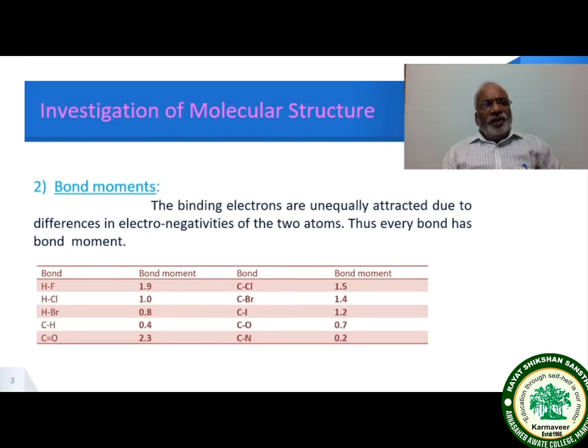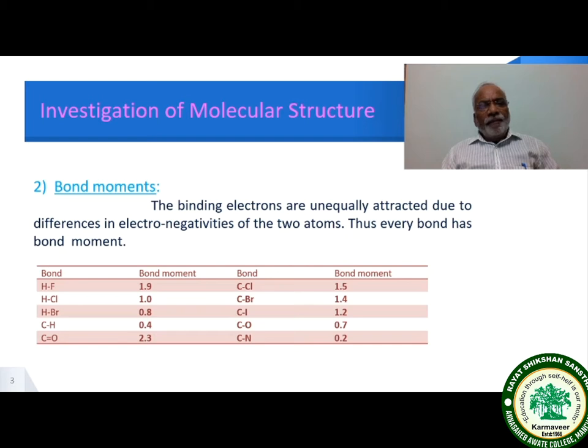The second application that we consider is the evaluation of bond moments. These bond moments can be evaluated by addition of the bond moments of the known bonds in the molecules or in the individual bonds.